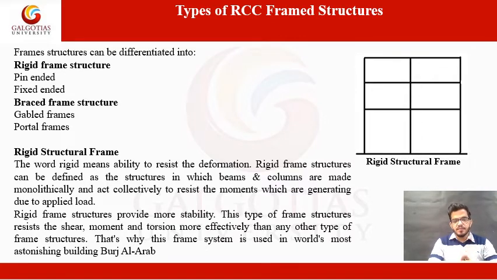The rigid frame structure provides more stability. This type of frame structure resists shear, moment and torsion more effectively than any other type of framing structure. It is the most common and most economical typology of framing structure and has been used in many buildings, for example, the Burj Al Arab building in Dubai.